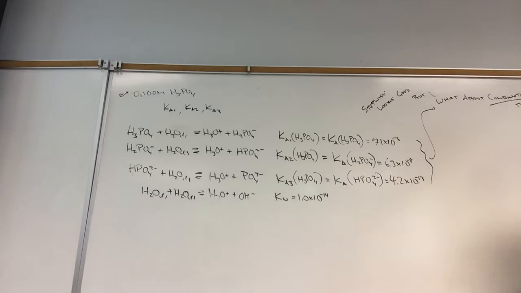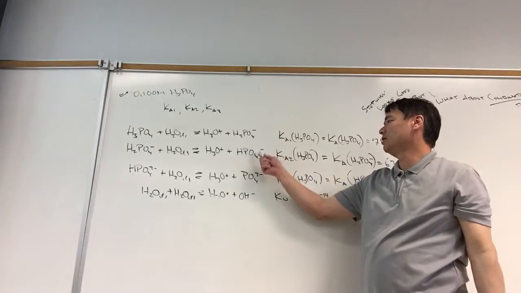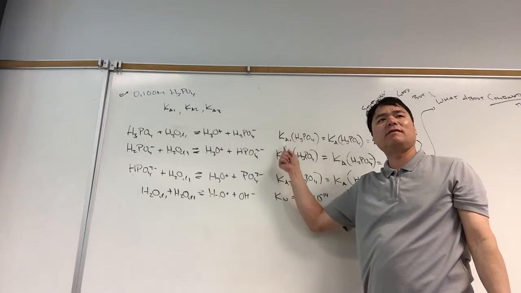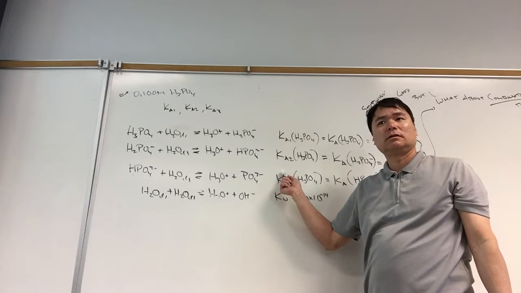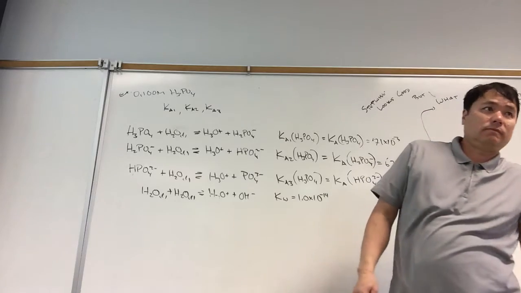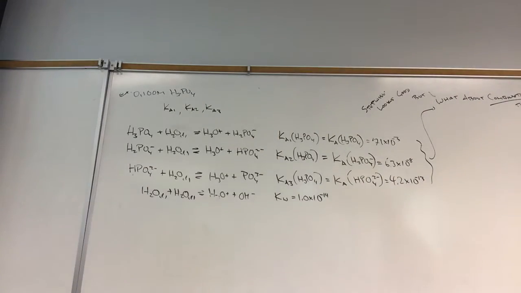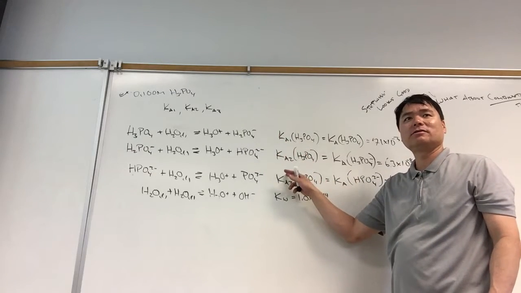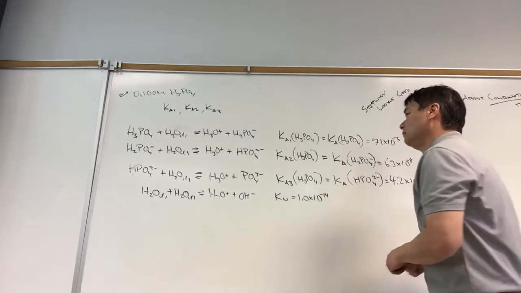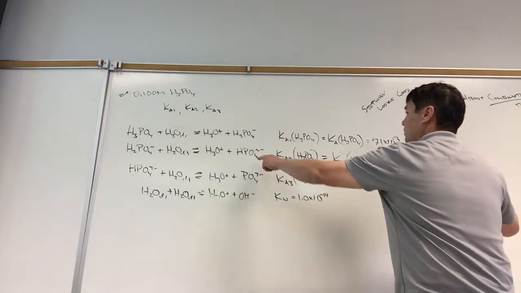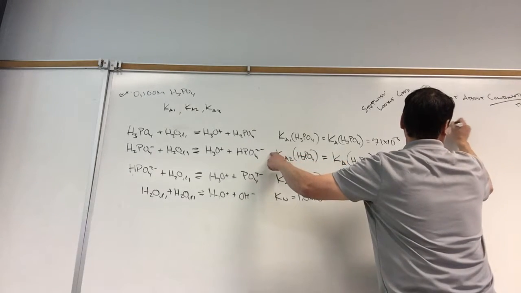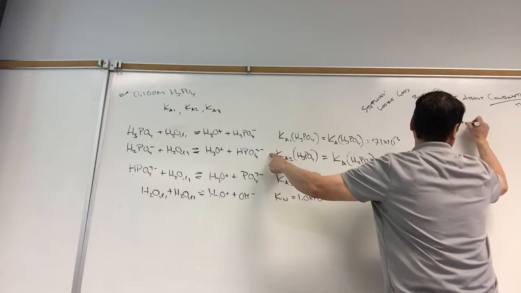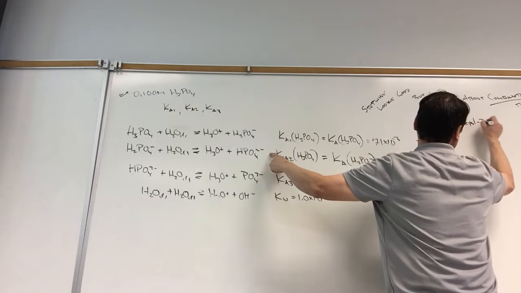Combined, because, what if I add these 3 equations? If I add these first 3 equations, what do I do with the K values? This is like Hess's law, but not like Hess's law. If I add these three equations here, then I multiply the K values, right? This is chapter 15. And so what I'm going to do is sum up the first three steps, 1 through 3.